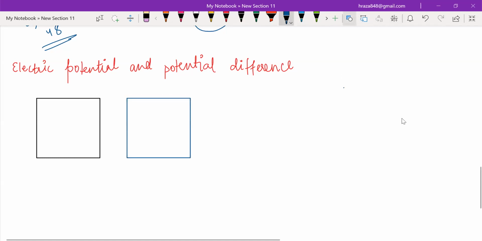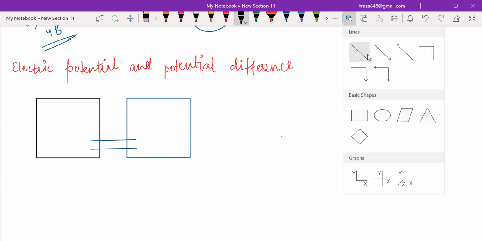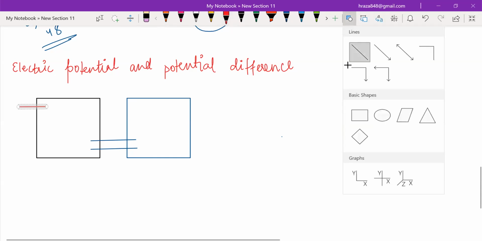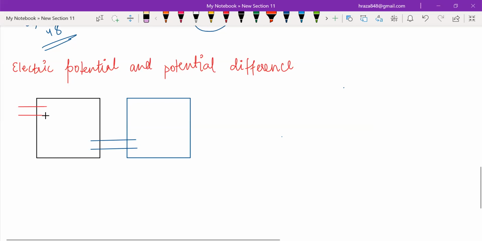Now if you connect these tanks like this, and if you fill this left tank with water, what will happen?